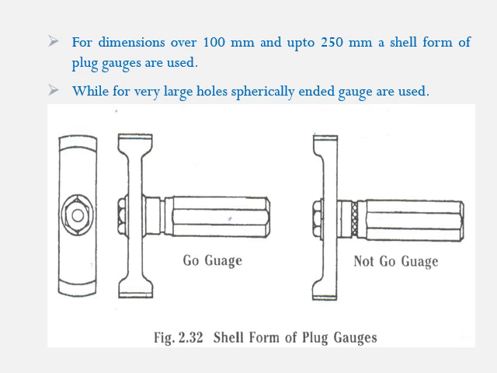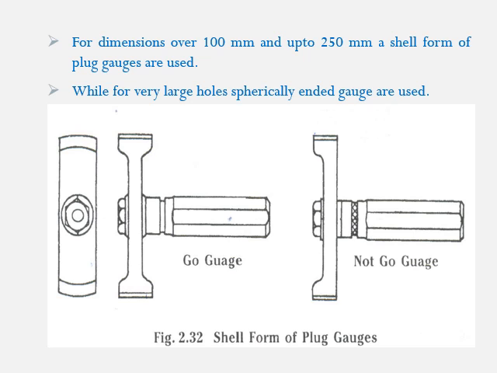At the center of the plug gauge the material is removed, which makes the whole plug gauge lighter. So the design of the go gauge and no go gauge will be a bit different compared to the other types of gauges.